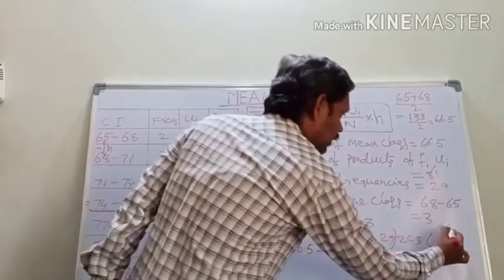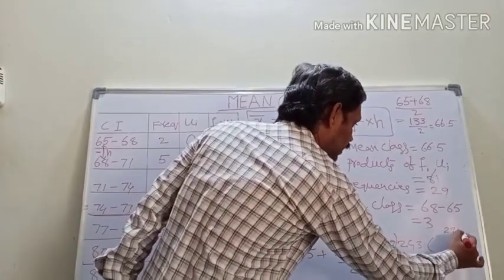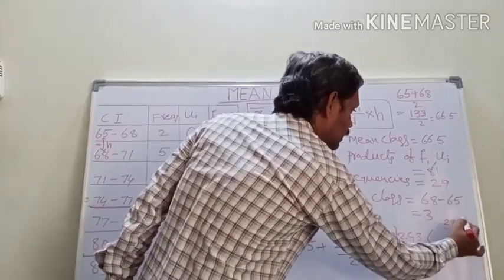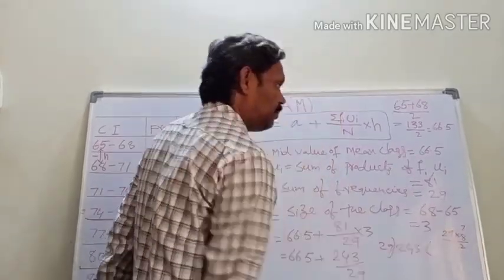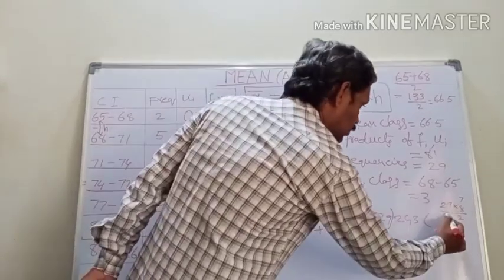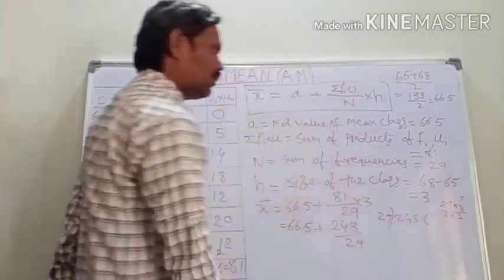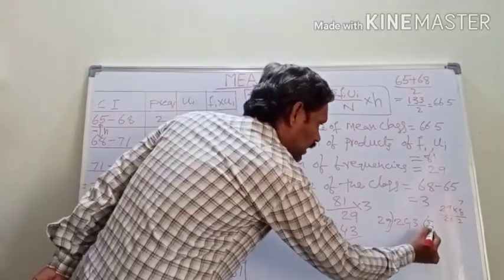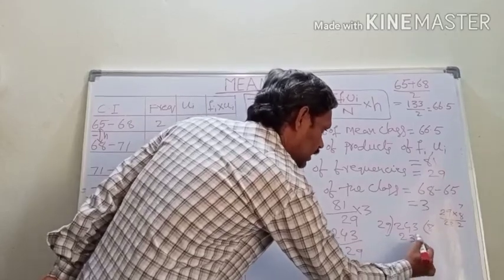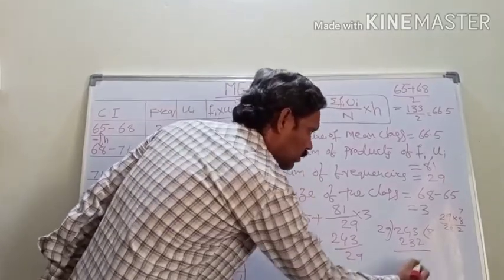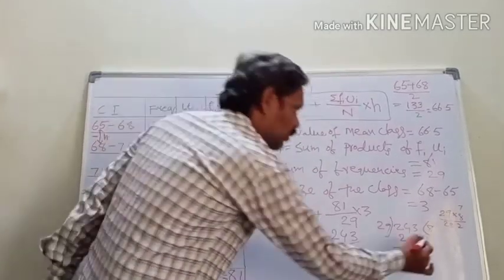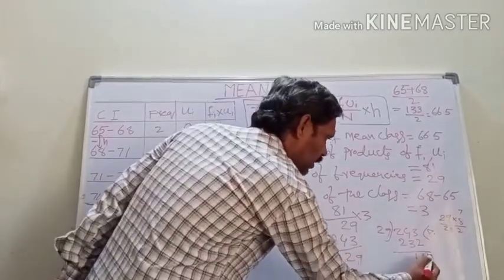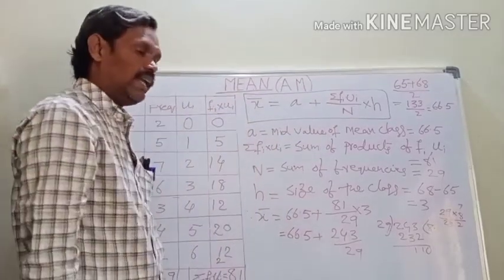If you take 29 8s, how much is it? 8 9s are 72, 8 2s are 16, 16 plus 7, that is 23, so 232. So 29 8s are 232. By subtraction you will get 11. So again you put a decimal and put 0 here, it is nothing but 110.